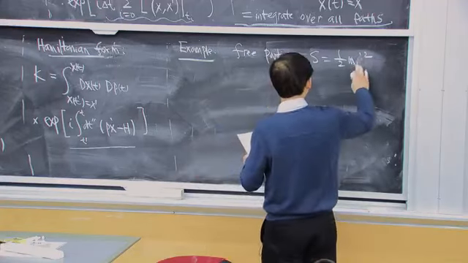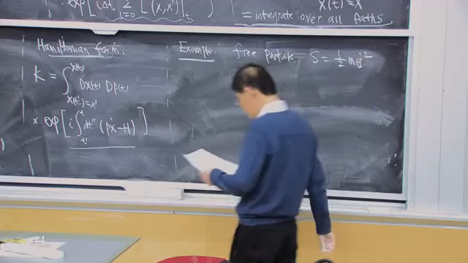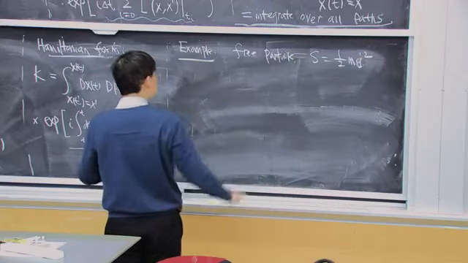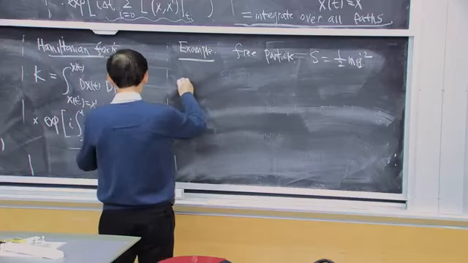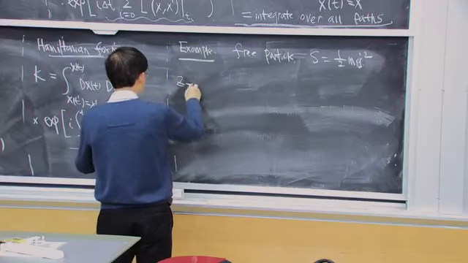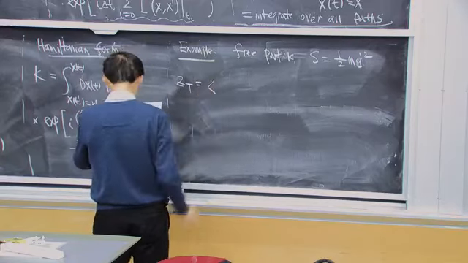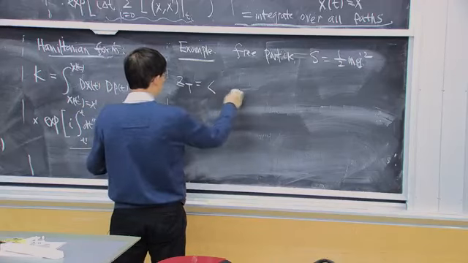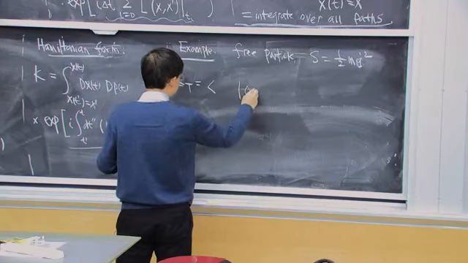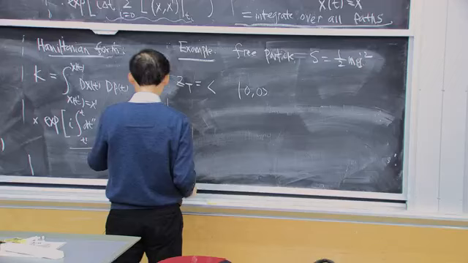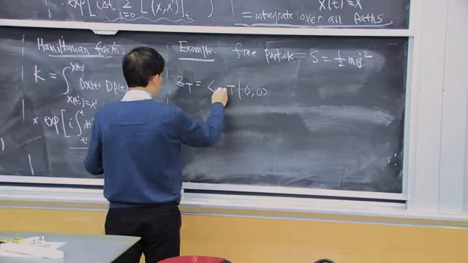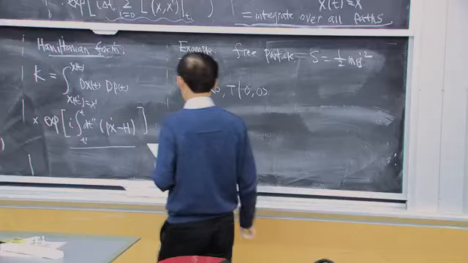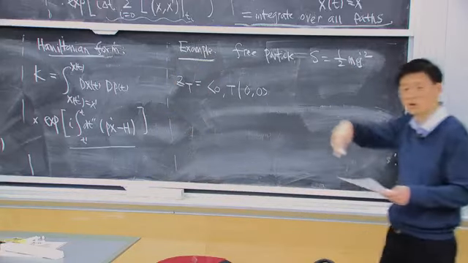Let me just use q since my notes use q, it doesn't matter. So let's try to compute in this theory the amplitude, let's call it Z(t). Say at time 0, you are at q equal to 0, and then at time t, again you're at q equal to 0. So you just come back to the same point.